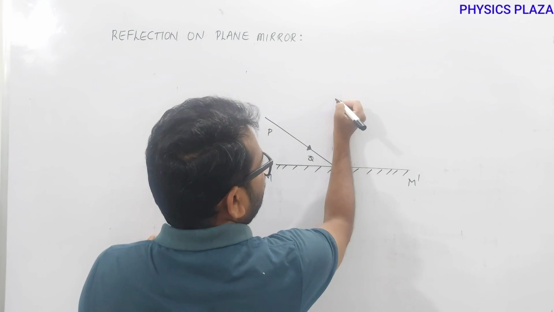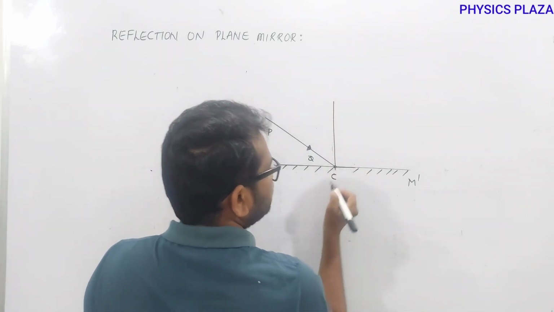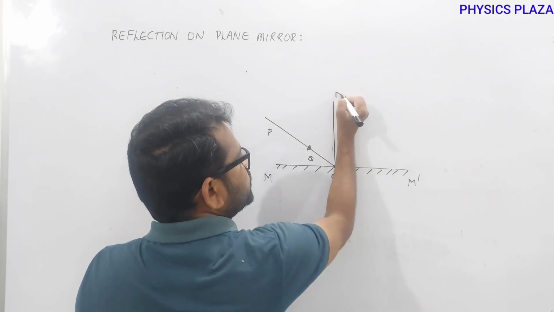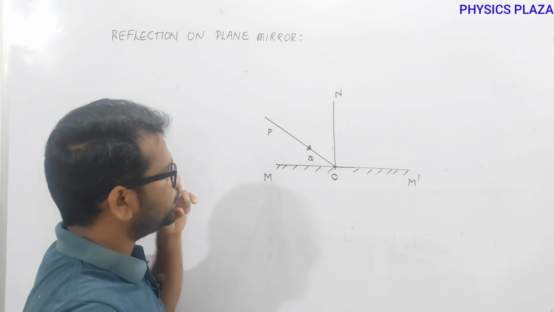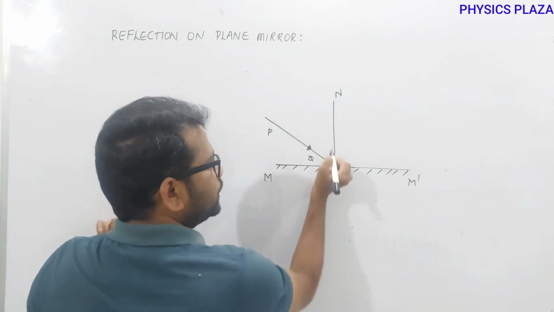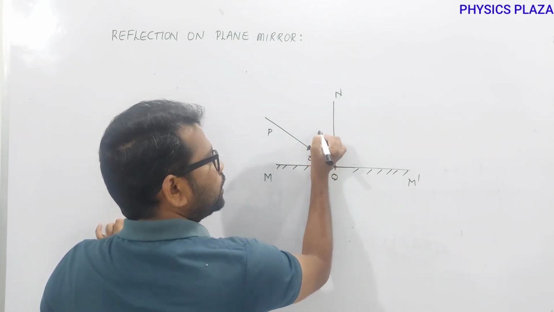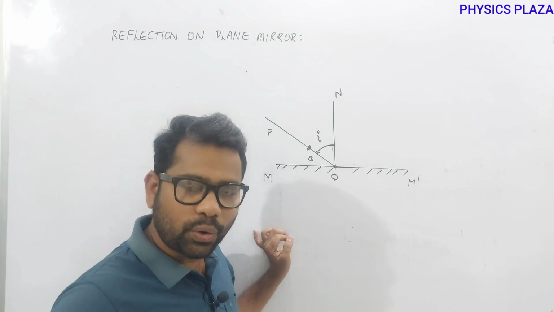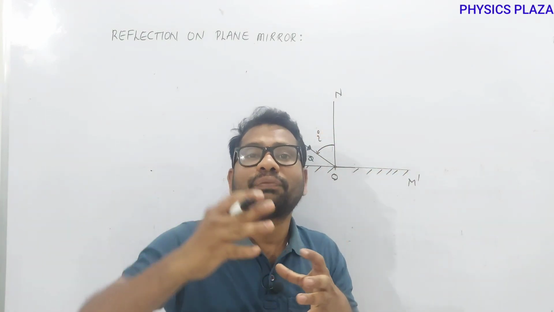Children, the perpendicular line drawn at the point of incidence is called the normal. If you can see here, there is an angle between the normal and the incident ray. The angle between the normal and the incident ray is called the angle of incidence. Now, when light is incident on the mirror, it gets reflected.